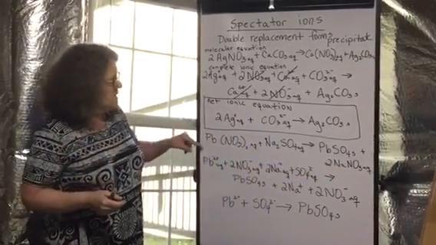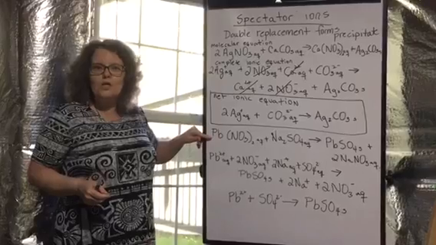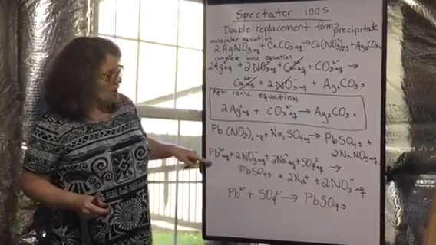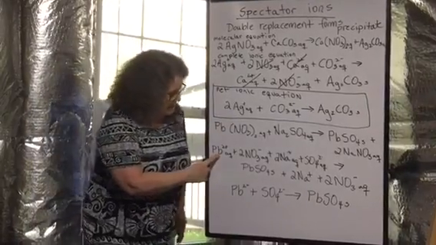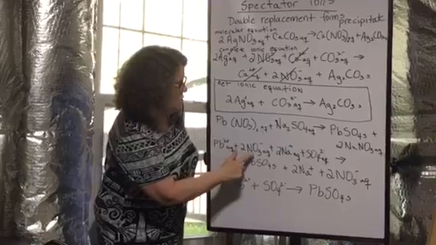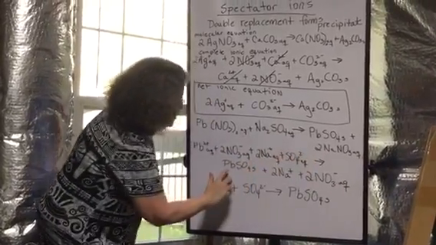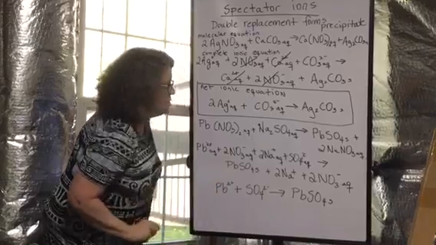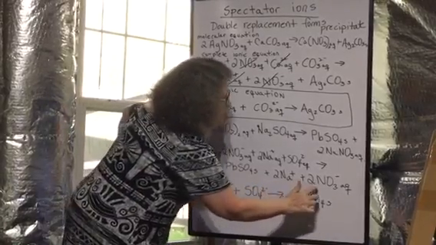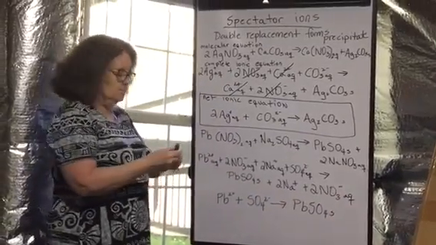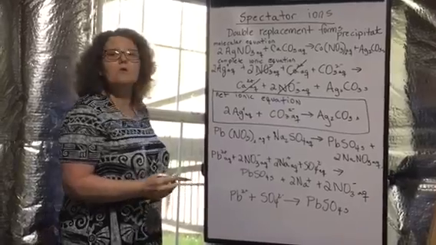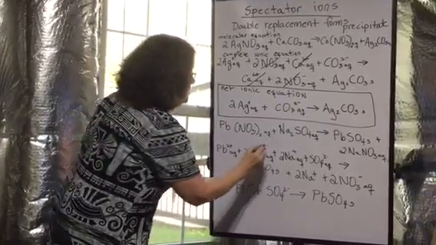Okay, this is called the molecular equation. Now, I broke it all into ions. Lead, Roman numeral 2, 2 nitrate, 2 sodium, 1 sulfate. And we get the precipitate, lead 2 sulfate, and 2 sodium, 2 nitrate ions. So I'm going to, once again, remove the spectator ions.